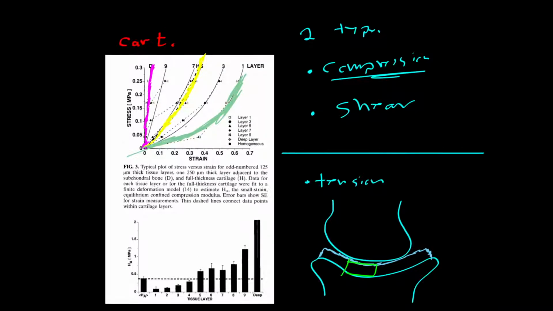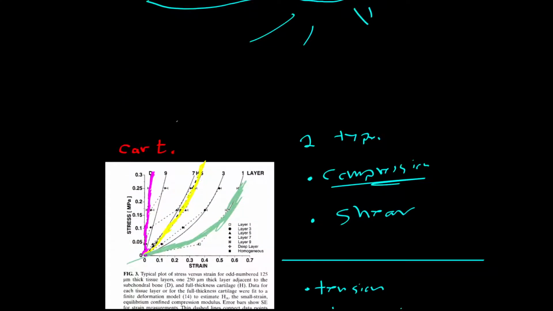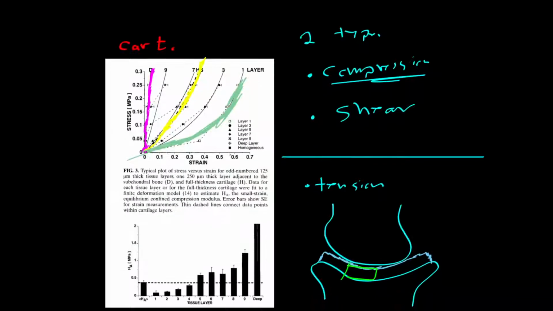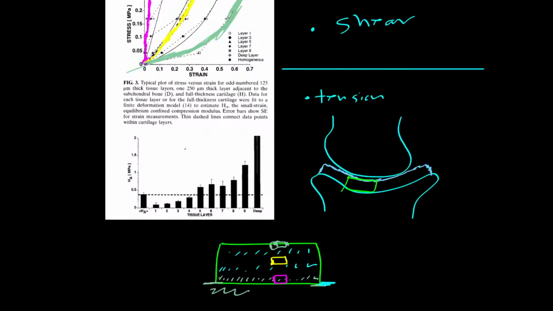So cartilage is, and I'm going to break out that big word from last week, also anisotropic. It does not respond the same way in all directions of loading, and even inside the material itself, it has different material properties down here than it does up here.